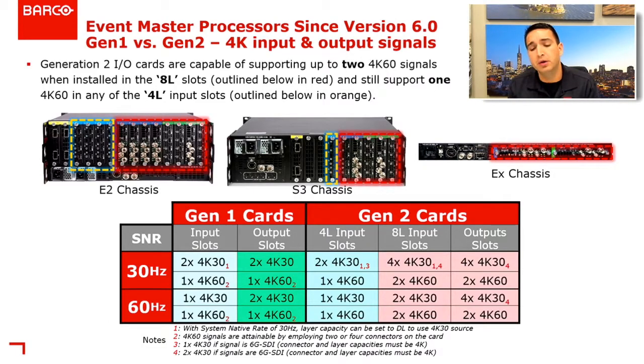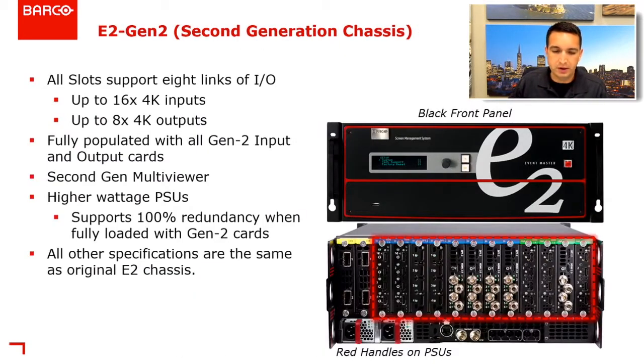But the other major difference is the Gen 1 basically has the ability to take in up to 12 4K inputs, while the E2 Gen 2 has the ability to take up to 16 4K inputs. And really those are kind of the only differences. Again, you can go back, pause it, and reference these two slides later on if you really want to talk about the difference in capacity on those two units.